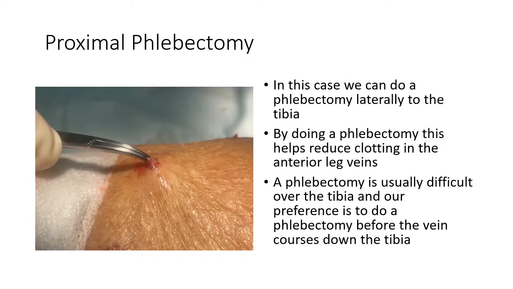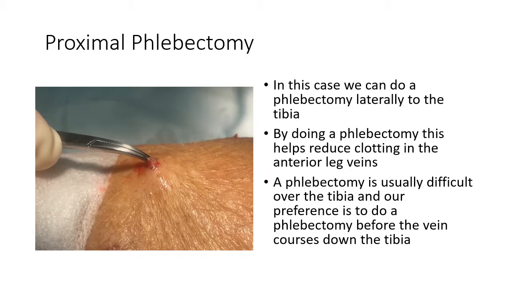Now we're doing a phlebectomy of this dilated vein before it courses down the tibia. This is on the lateral aspect of the tibia. The origin is the lateral reticular subdermal vein that is completely dilated all the way up to the lateral aspect of the thigh. When you do a phlebectomy, you can remove a lot of the trapped coagulum, and also you get a better cosmetic result post treatment.